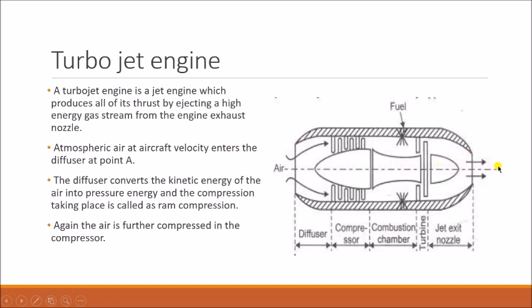When it passes through the nozzle, it has a higher velocity compared to the inlet air. As the exhaust passes through the exit nozzle, it is accelerated to high speed. That is how you get propulsion.